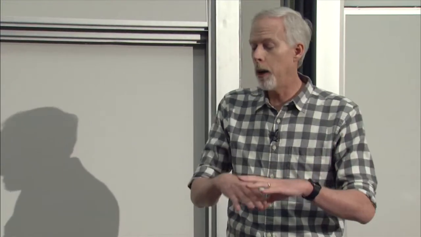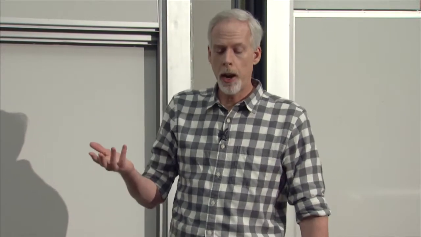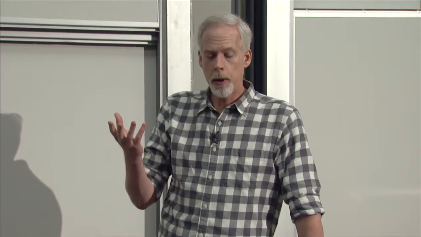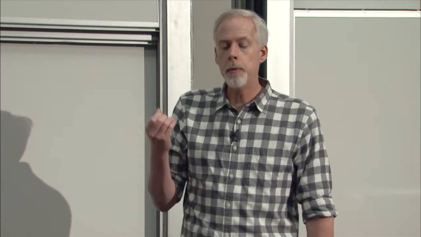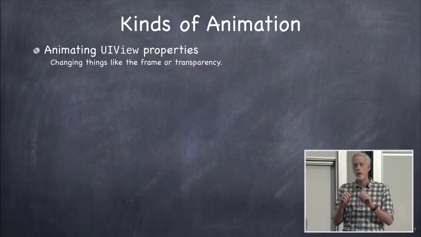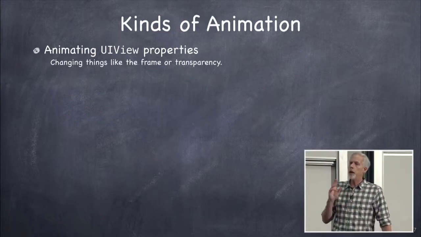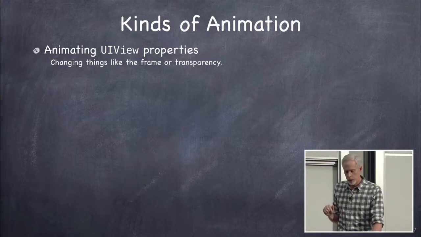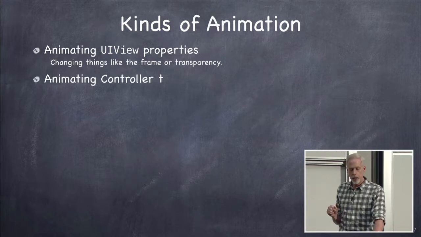All right, so before I do that though, let me summarize, not all actually, but most of the animation capabilities that you get with iOS. The one I am going to talk about in detail and demo today is animating UIView properties. There's only a few of the properties, vars in other words, in UIView that you can animate, but they're a pretty powerful few, as you're going to see, and allows us to do a lot of animation.